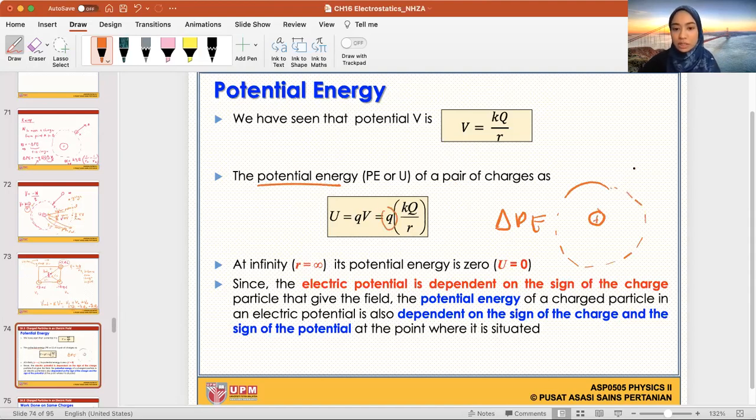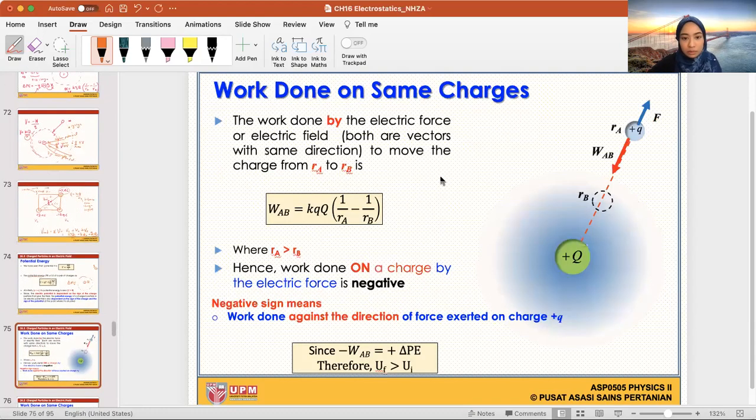So this is your source charge, the capital Q, and the test charge, your small q. So when you are multiplying q with capital V, which is potential, you are actually multiplying with the source charge, which is kQ over r. Okay, so that's another equation that we just saw. Okay, we know this equation already.